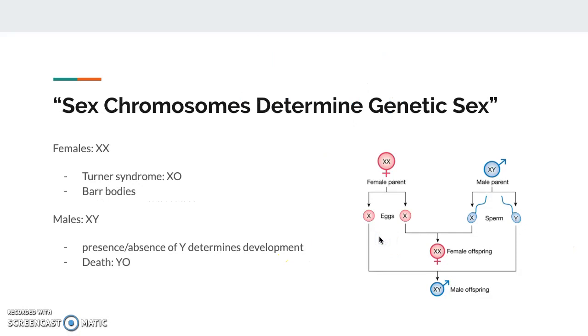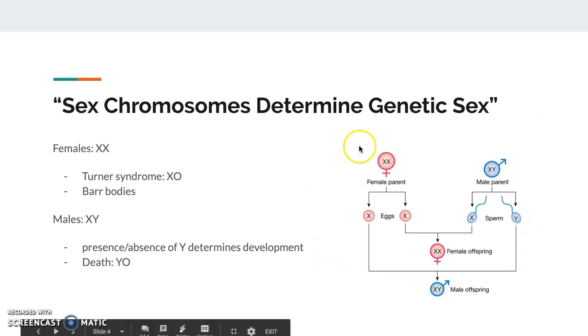We'll go more into sex chromosomes in a minute, but it's good to have that image there to look at. There is a subsection in the book called Sex Chromosomes Determine Genetic Sex, which I thought was helpful, so I copy-pasted it there. Regarding the sex chromosomes, each gender carries an X, and the absence of a Y means development as a female. I think this chart is really helpful.